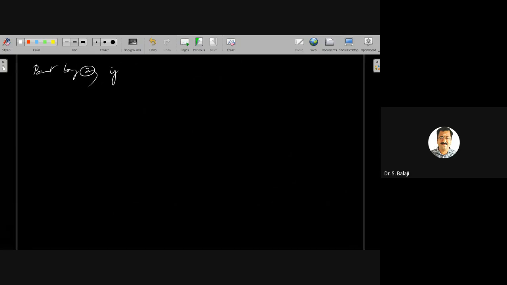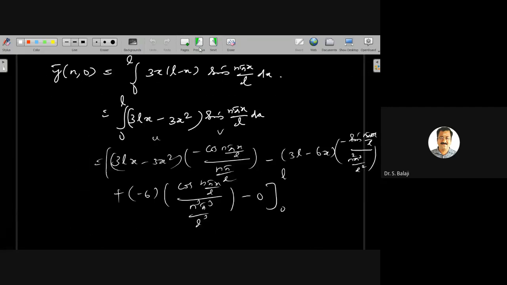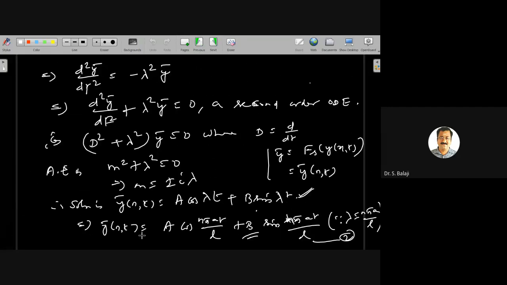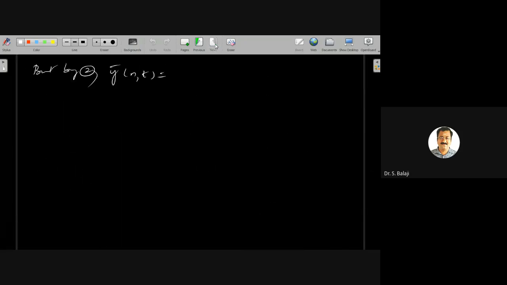By equation 2, what do we have here? Y bar of n comma t is equal to a cos n pi a t by l plus b sin n pi a t by l.